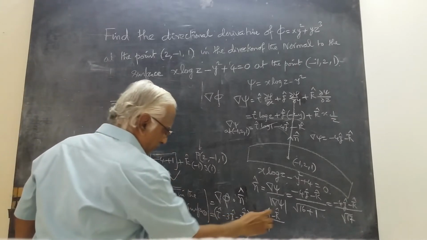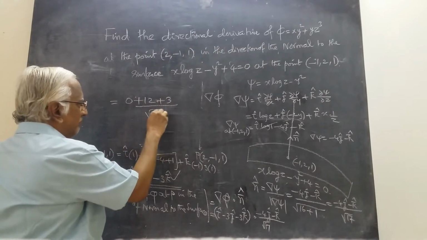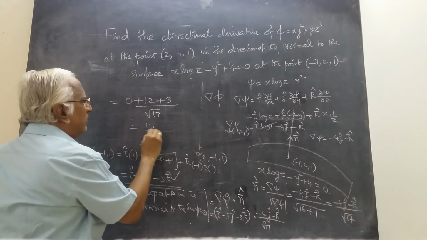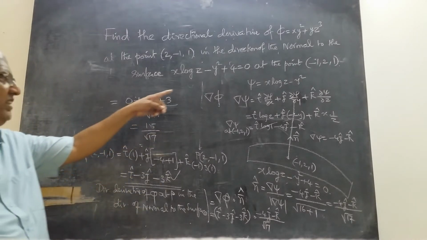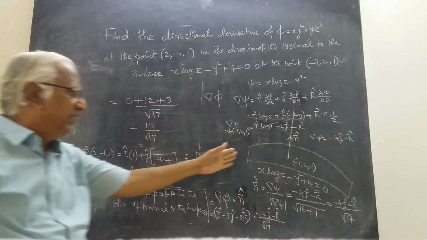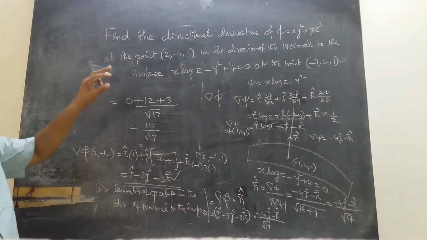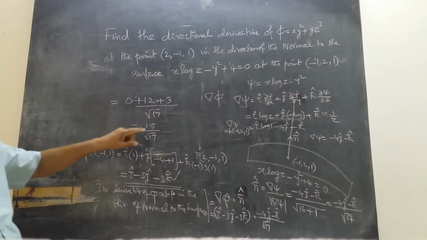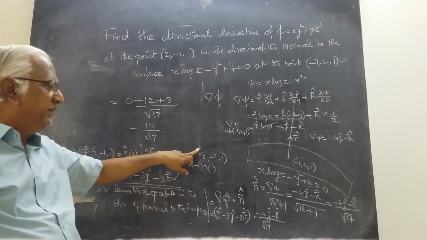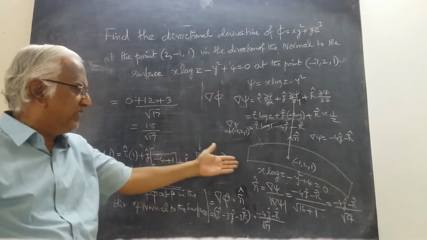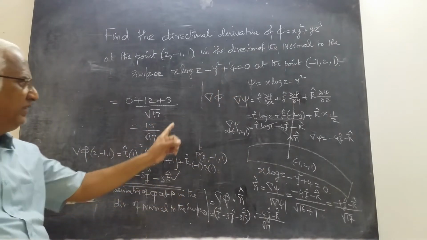The k coefficient is -3 times -1, plus 3. So 15 by root 17. This is the change of the function phi at the point P if you go in the direction of the normal. So this is a very important problem. First you have to find del phi, the maximum directional derivative of the function at P, but in the direction of the normal to the surface: take the surface, find the normal vector, the unit normal, and take that product.